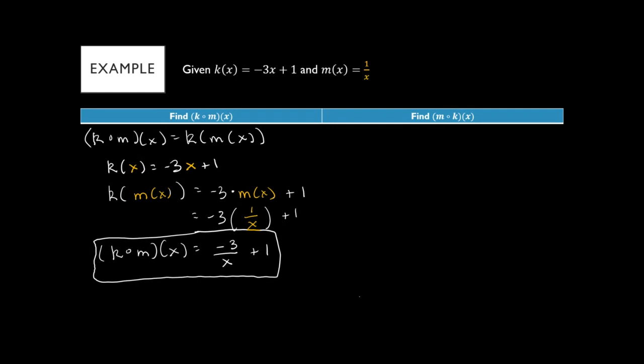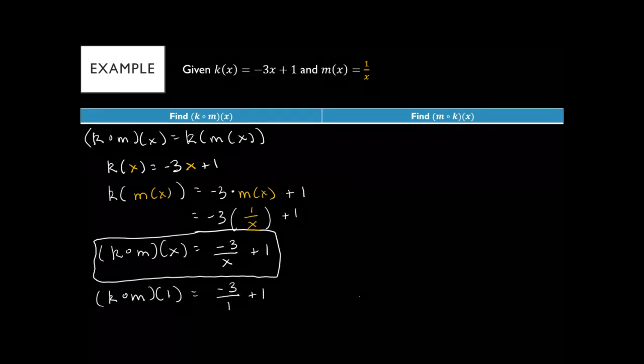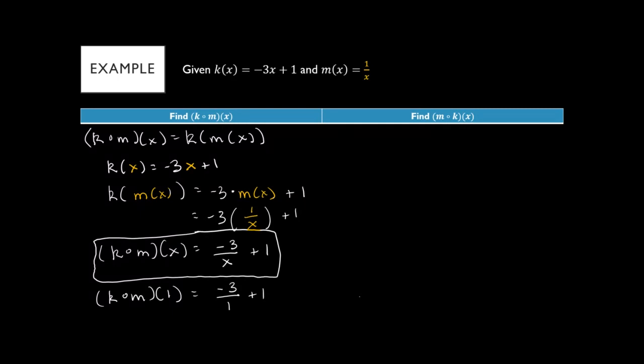Now, this is different from what we've been doing because we didn't plug in a number for X. The advantage of doing it this way is that if I asked you, let's say, what is K of M of 1, you can just use the new function that we created to get that answer. So negative 3 divided by 1 is negative 3, plus 1, you get negative 2.